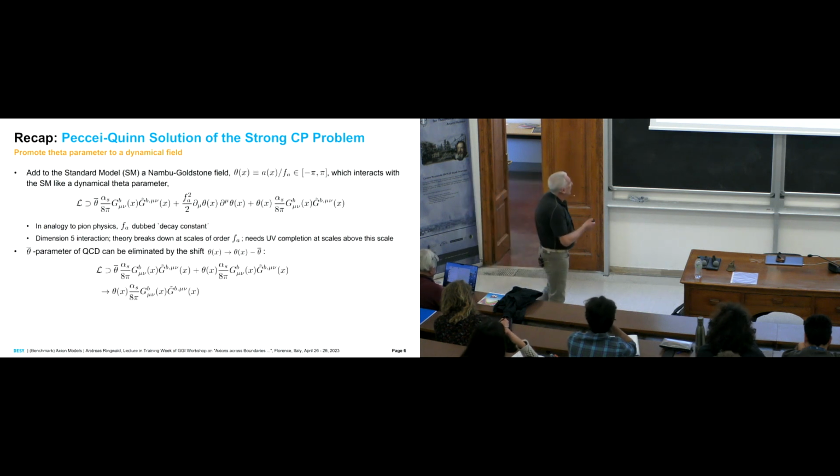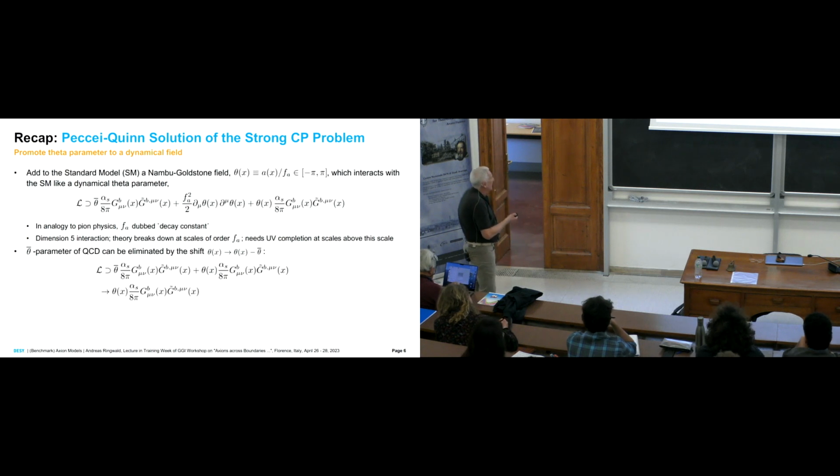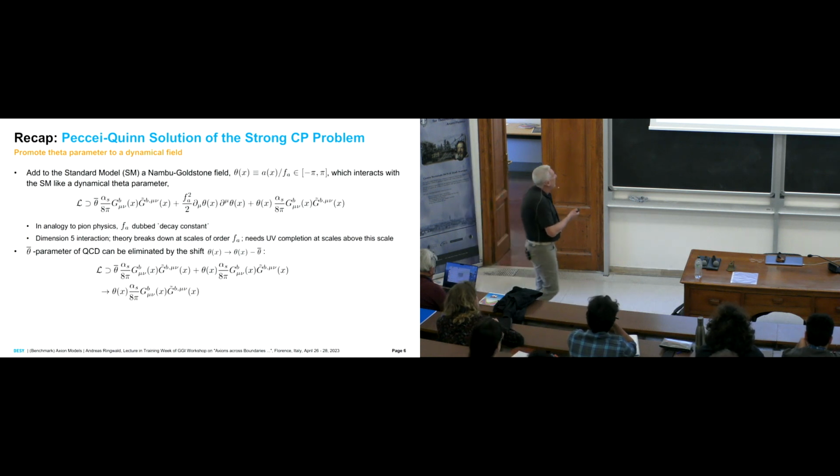So now, as Giovanni has also said, the theta bar parameter of QCD can be eliminated just by a shift. I replace theta by theta minus theta bar, and then this QCD term is erased, and I am effectively remaining just with this interaction.